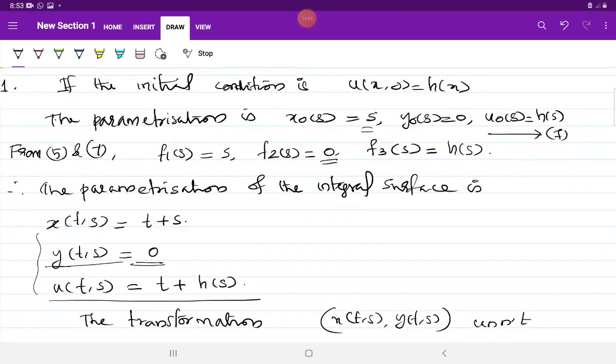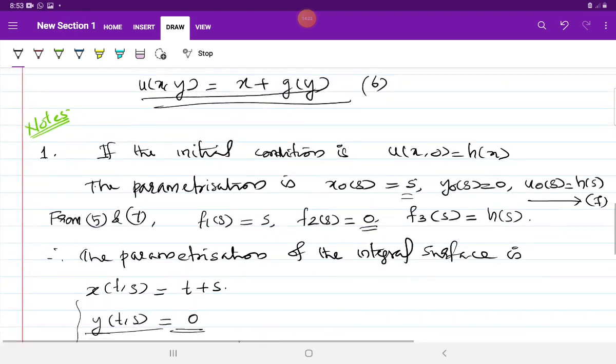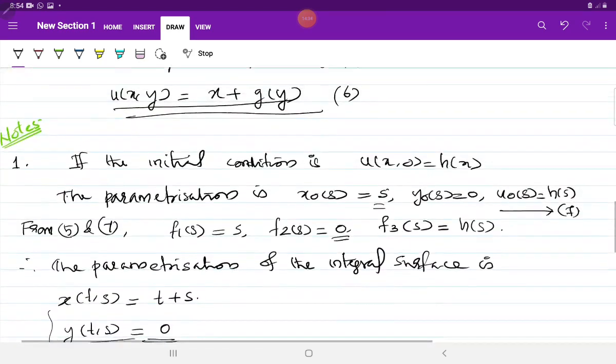So there will be a unique solution in this case. But when we change the initial condition to u of x comma 0 as h of x, then it is not possible to find the solution. Geometrically, this is because of the projection of the initial curve. The initial curve is y naught of s equal to 0, x naught of s equal to s, u naught of s equal to h of s.